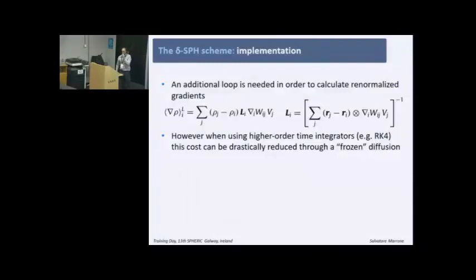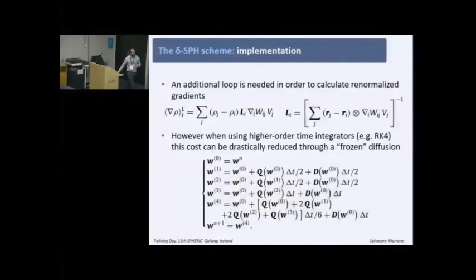But if you are using, for example, a higher order integration scheme like the Runge-Kutta fourth order, the one that we employ in our institute, we can drastically reduce this cost. The technique is called Frozen Diffusion.